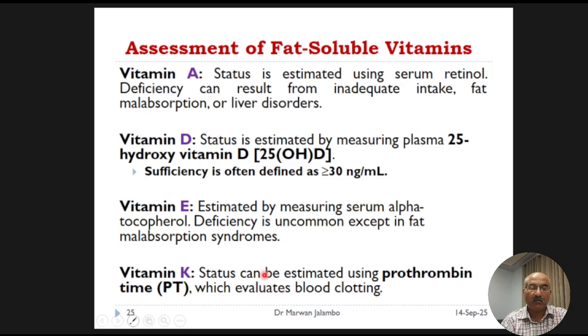So the biochemical markers are also central to assessing risk of chronic disease, particularly cardiovascular disease.